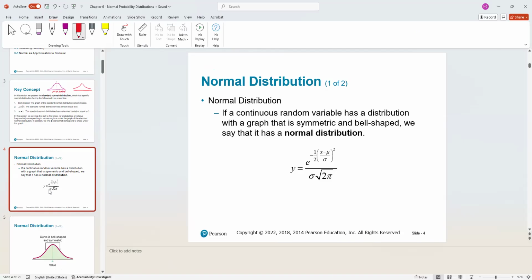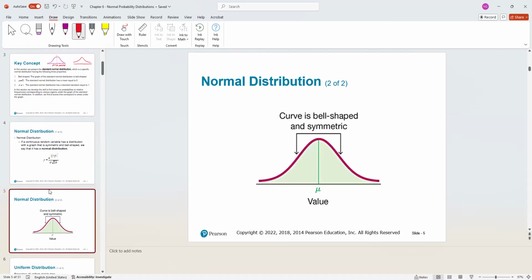So, as you can see, a normal distribution is bell shaped and symmetric. Symmetric about the mean. The mean falls exactly in the middle. You can see that curve, it's bell shaped and symmetric.